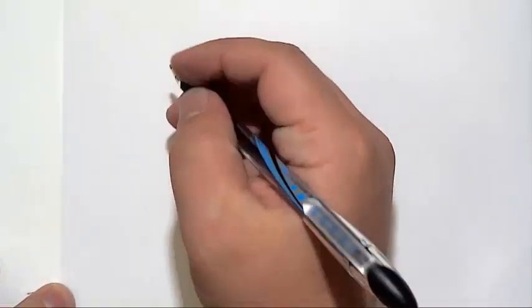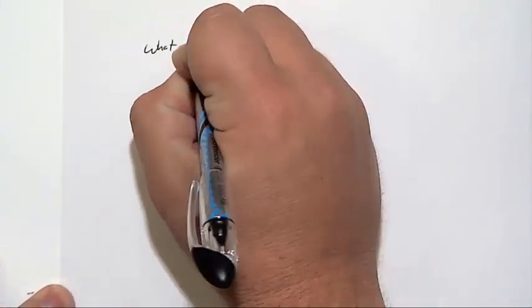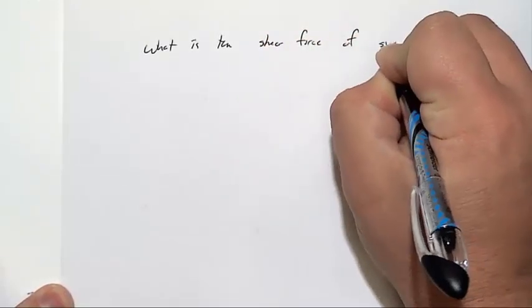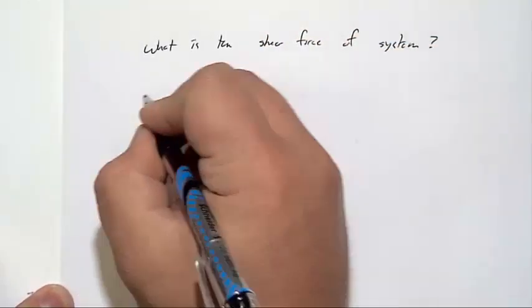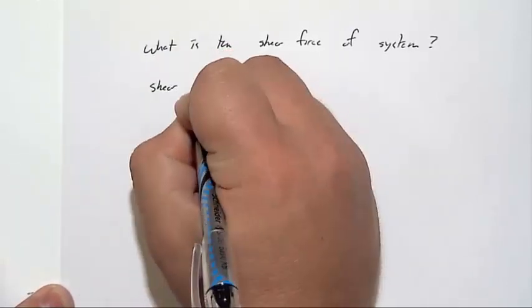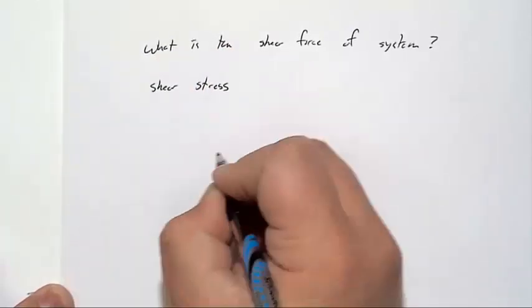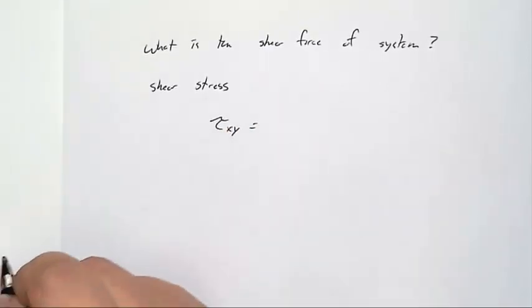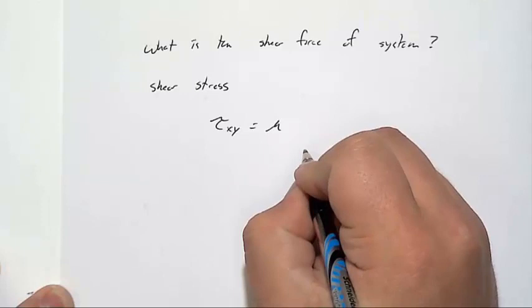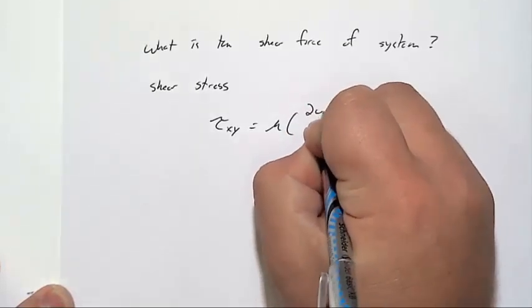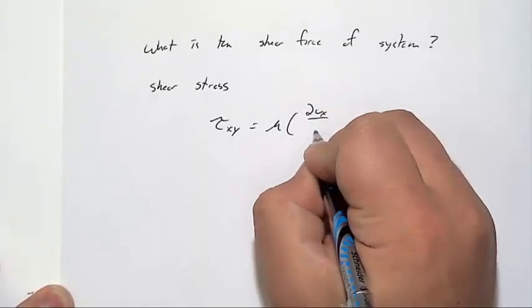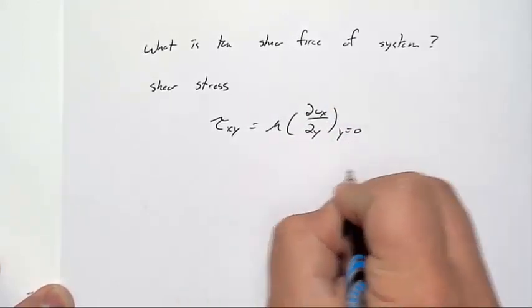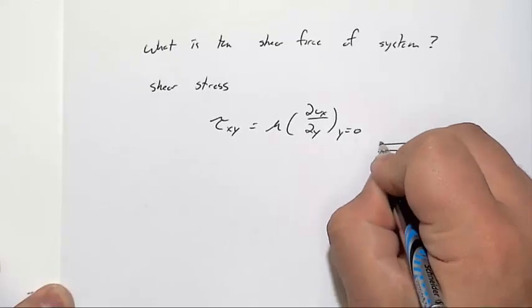Alright, now the second part is I want to know what is the shear force of the system. So remember, pulling back from our shear stress relationship, the shear stress tau xy is going to be equal to the viscosity times the partial of u of x with respect to y, evaluated at the surface.